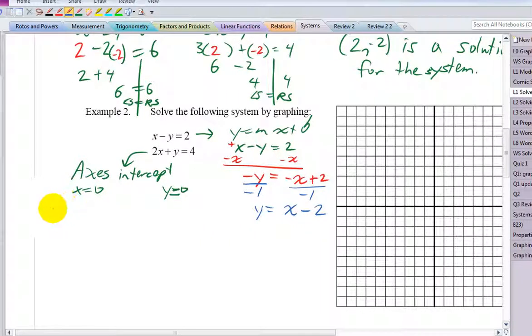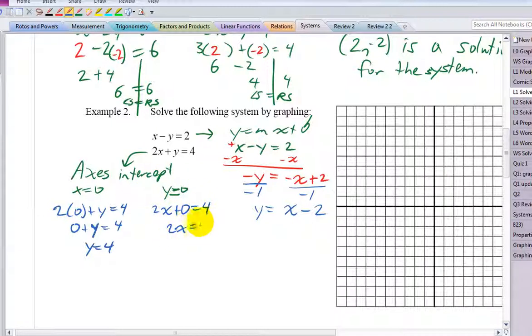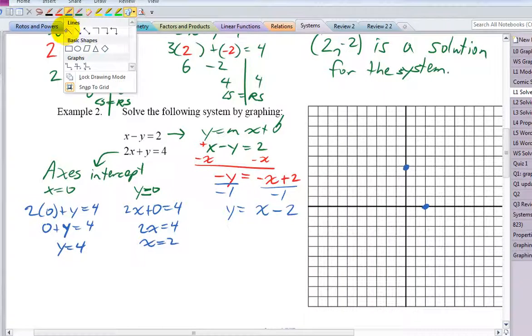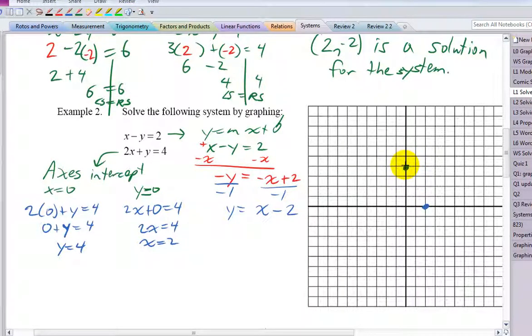For your intercepts, you're going to get 2 times 0 plus y equals 4. 0 plus y equals 4. y equals 4. Here, 2x plus 0 equals 4. 2x equals 4. x equals 2. Now that's an easy one to graph. x equals 2 is right here. y equals 4 is right here. You guys should have done this about 400 times in your homework.